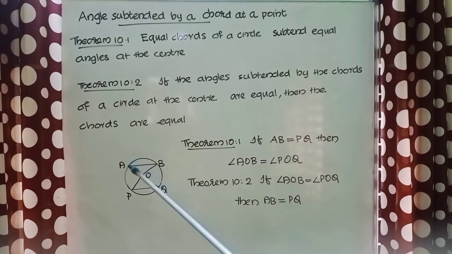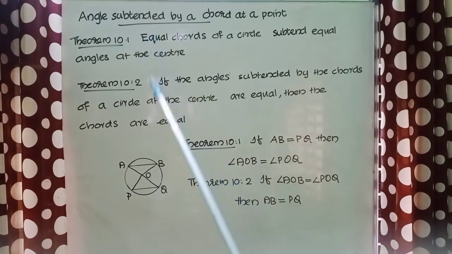And here you can see angle AOB. This is the angle subtended by this chord AB at the center. Here also you can see angle POQ and this chord PQ. This angle POQ is the angle subtended by this chord PQ at the center.